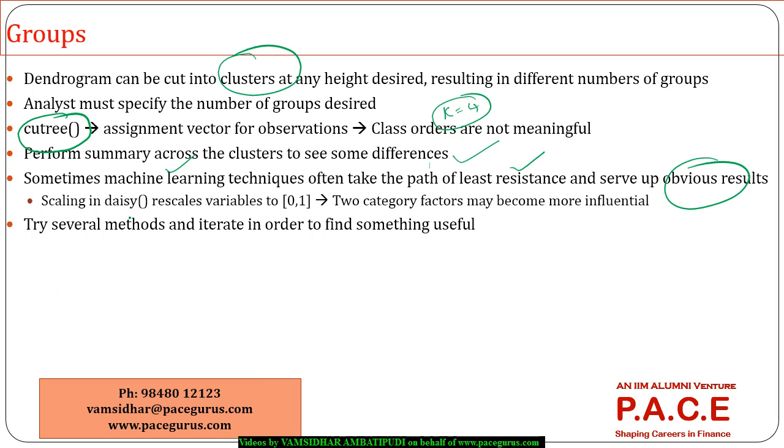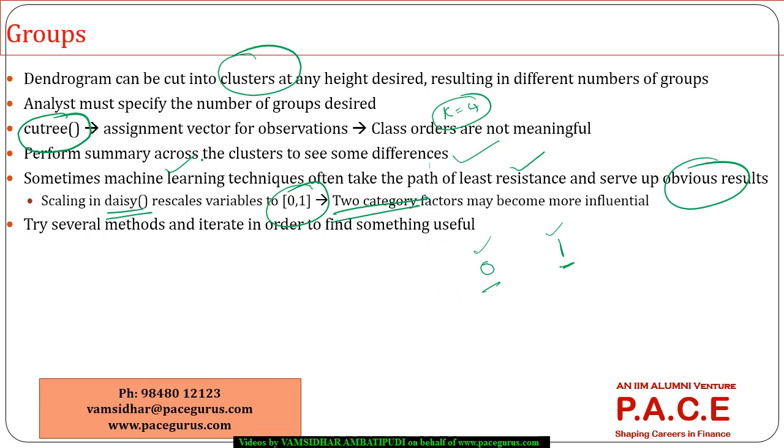Which is actually not required to be interpreted, because here we have used the daisy function. Daisy function rescales everything to 0 and 1. So especially if I have two category values, one would be scaled as 0, the other as 1. Because of these extreme values, they will become more and more influential in our decision making process.